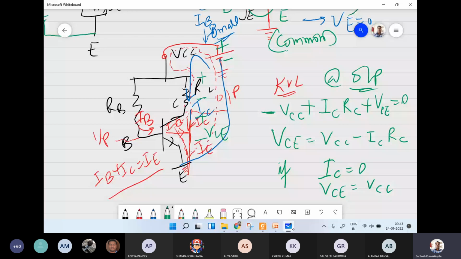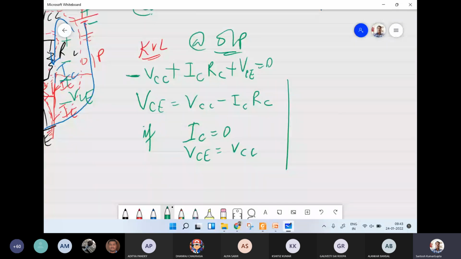Okay, and if VCE is equal to 0, then IC will be equal to VCC upon RC.